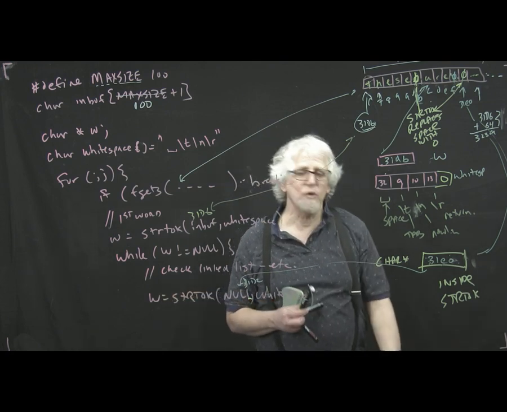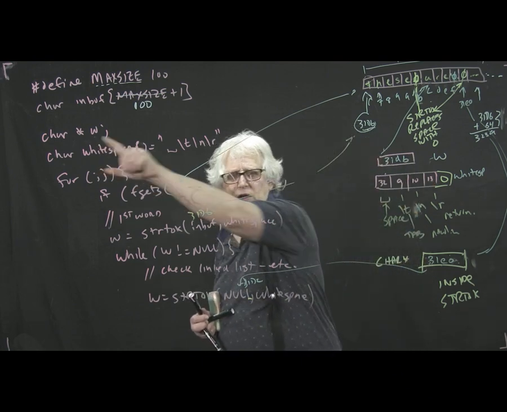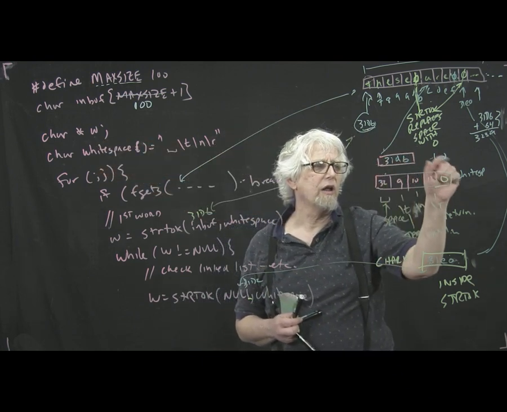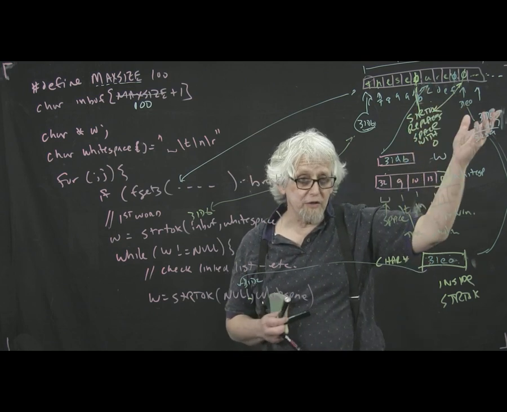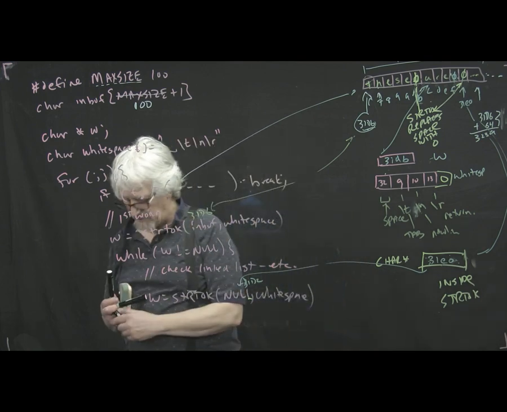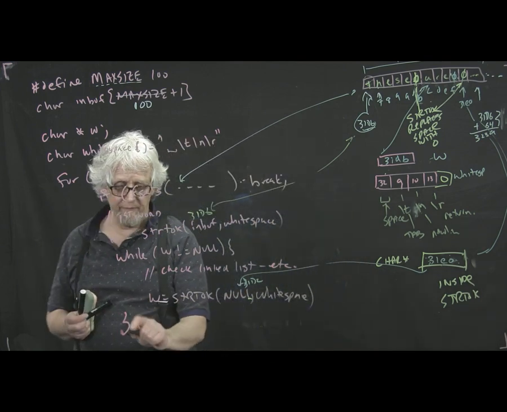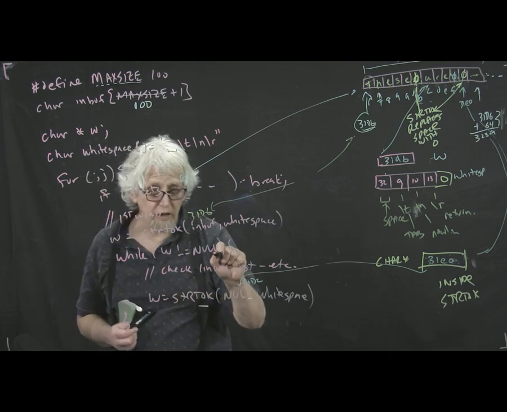So W, our char star, points to the address of the second word on the line. What are we going to do? Well, go back up to the top of the while loop. W is not equal to null.